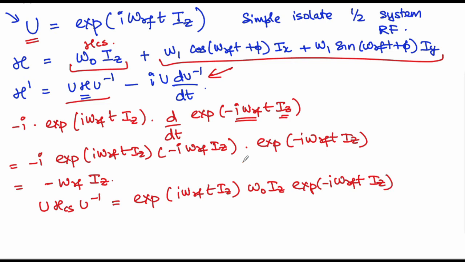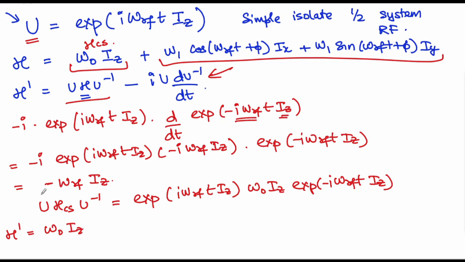This will result in a commutator [Iz, Iz] if you recollect the BCH formula. Since [Iz, Iz] will be 0, this term will appear as this. So therefore, H prime will have an omega_0 times Iz.